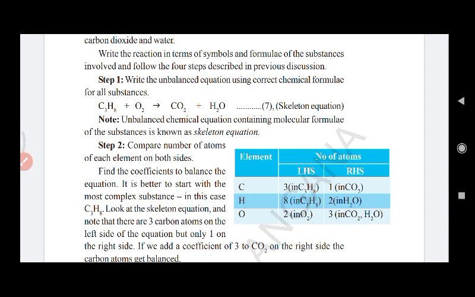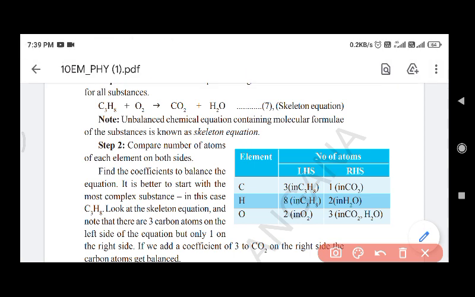We have to write the elements in tabular form, carbon, hydrogen and oxygen, on both sides of the equation.